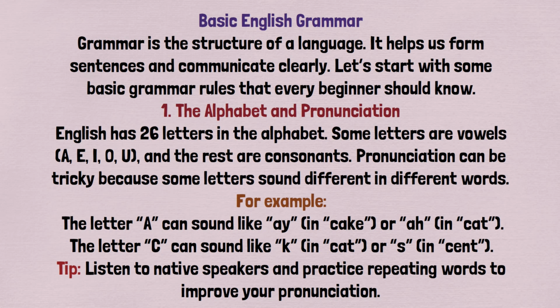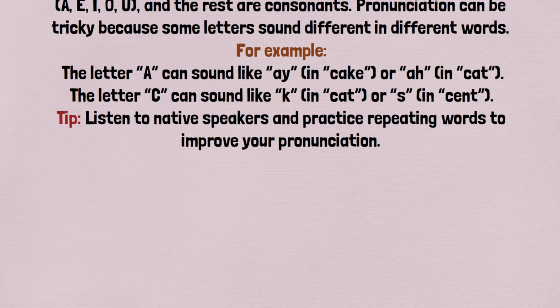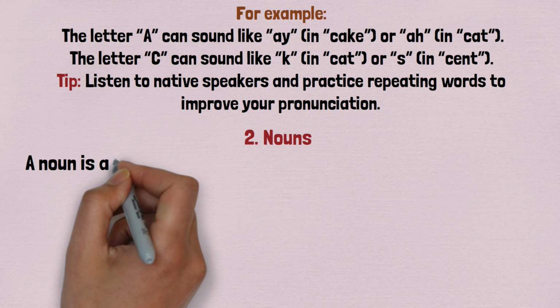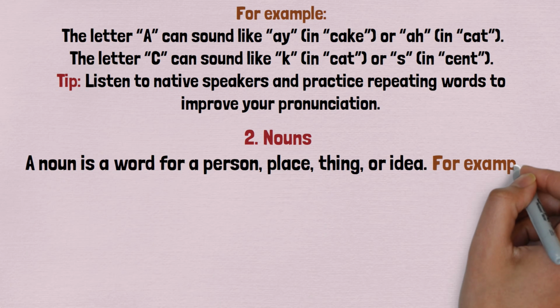For example, the letter A can sound like A in cake or A in cat. The letter C can sound like K in cat or S in scent. Tip: listen to native speakers and practice repeating words to improve your pronunciation.